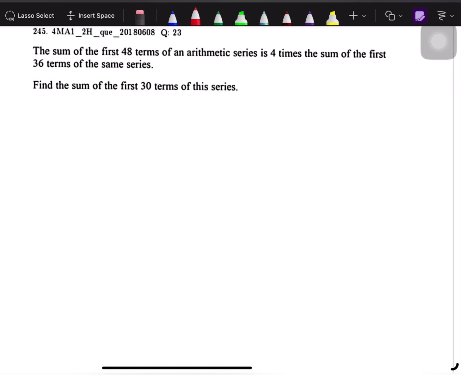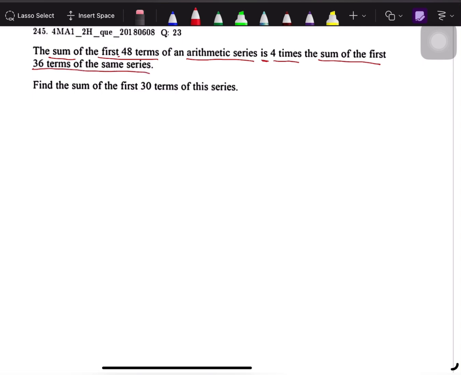The first thing he's saying is that the sum of the first 48 terms of the series is 4 times the sum of the same 36 terms of the series.